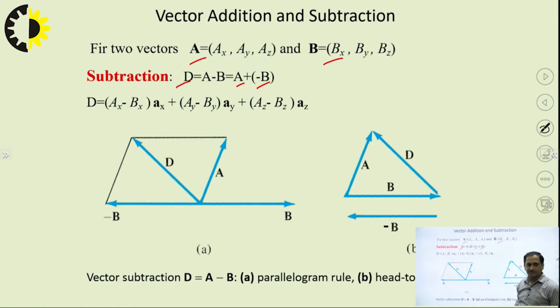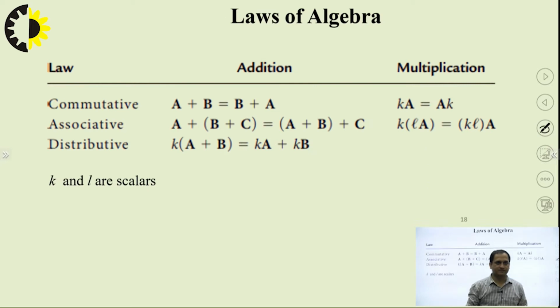To represent that, vector a, vector b, as I said the addition of two vectors, what you have to do is reverse the b. So b will reverse to minus b, and the resultant of a and minus b will be d, right. In this way again we can represent the subtraction using the parallelogram rule and the head to tail rule. Same thing is there to represent the addition and the subtraction of the two vectors.